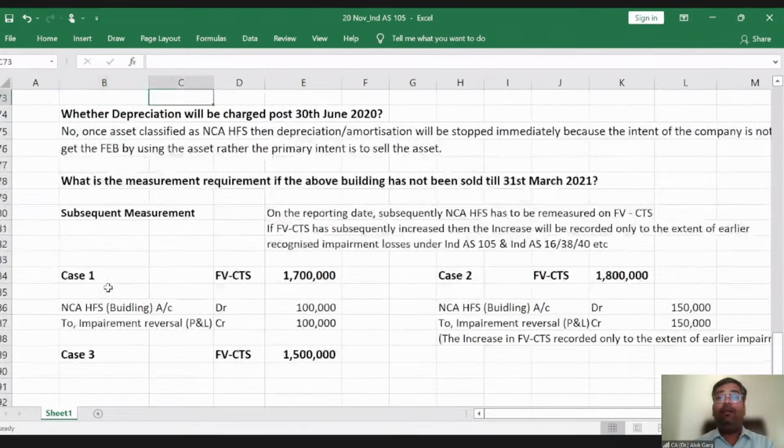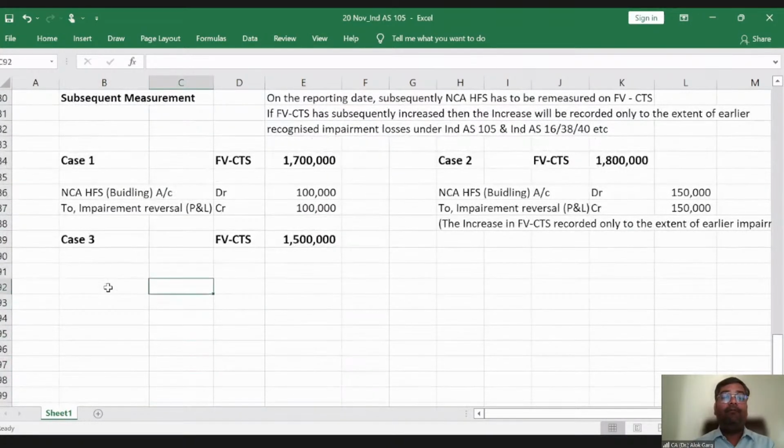So once again, you need to recognize impairment loss on subsequent remeasurement.